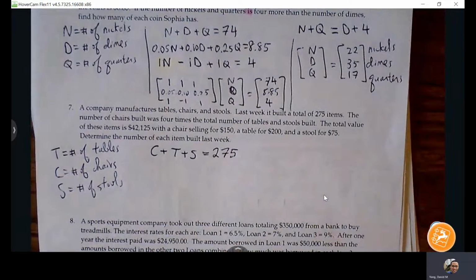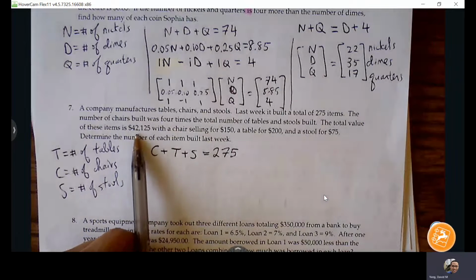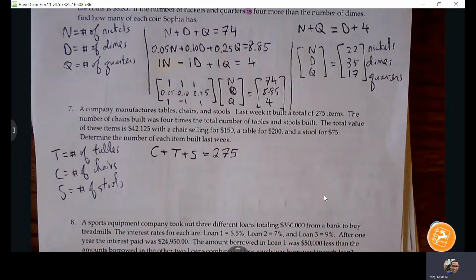Okay, first equation, C plus T plus S equals 275. The total value: anything involving dollar amounts can be in the equation together.